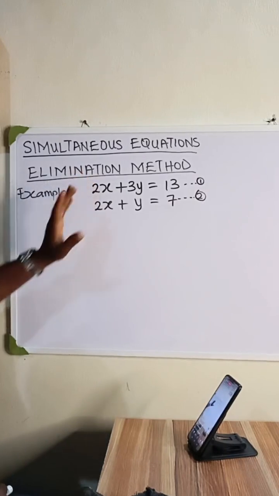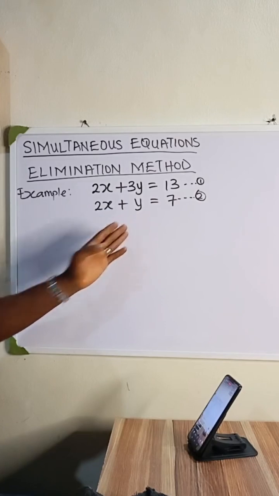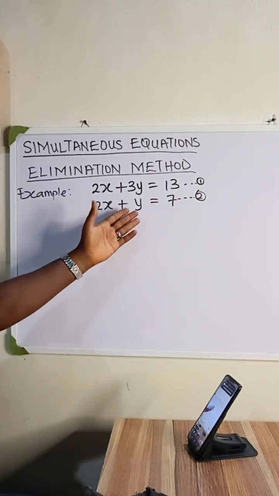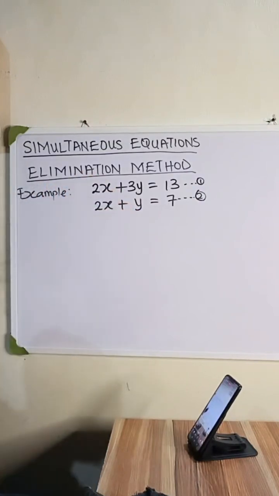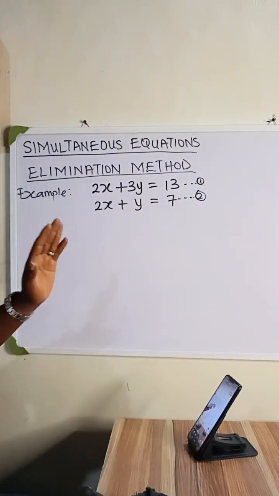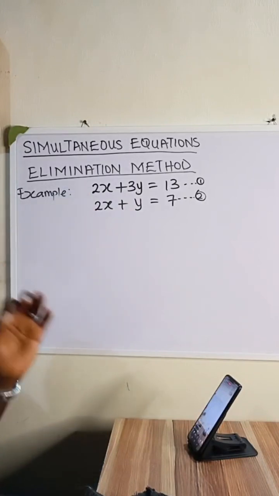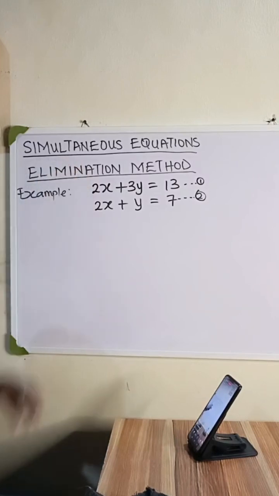Okay? So I told you earlier that in the second example we are going to eliminate y, and since we have agreed on that, we are going to stick with it. We are going to eliminate y. But I repeat, if you have this situation, it becomes easier for you to eliminate x because you already have the same coefficients.